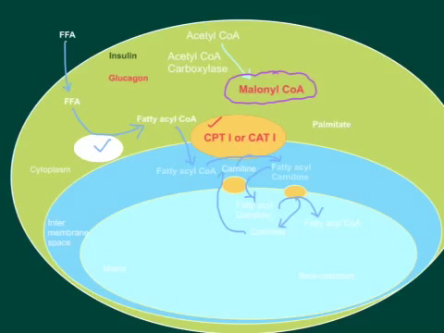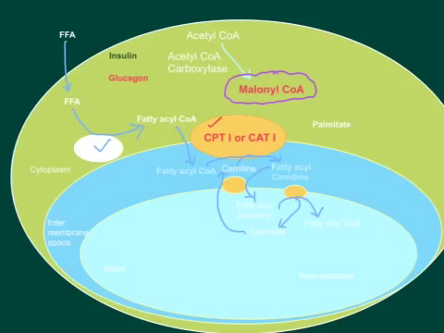That's what is carnitine shuttle mechanism to transport fatty acid into mitochondrial matrix. Now, the carnitine palmitoyl transferase 1, which is located over the outer mitochondrial membrane, is the one which regulates, that's where the regulation of fatty acid oxidation will go on.